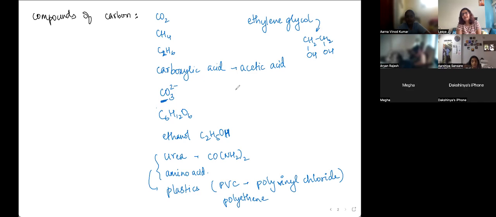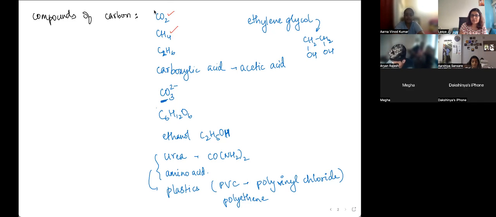So there are a lot of compounds made up of carbon. We've barely scratched the surface here. I'm just asking you to name the specifics, all the things that are made of carbon. So if you observe what's happening here, we see carbon bonding with oxygen and hydrogen.